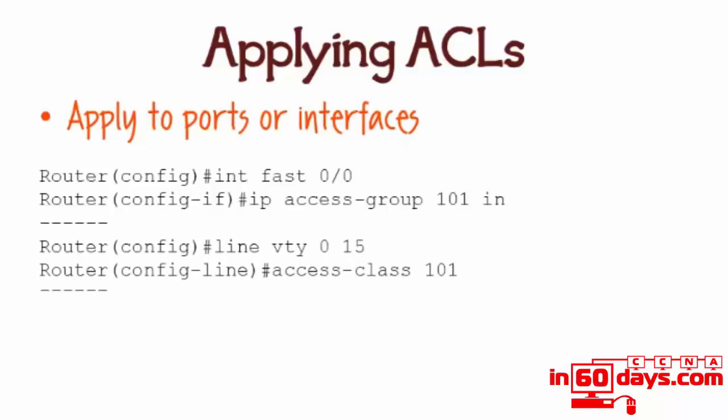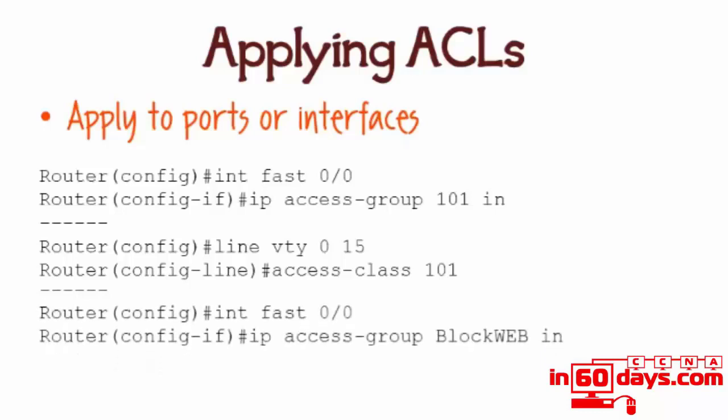If you're doing it to a line such as a console port or VTY lines, you type access-class. I don't know why you do that, but that's just the way the programming has been configured. If you're applying a named access list, then it's ip access-group and then the access list name and then in or out.